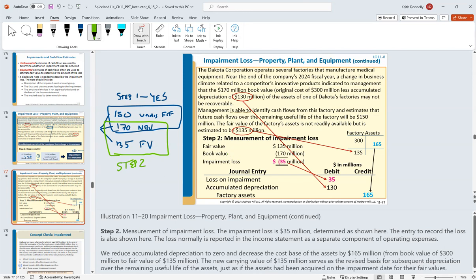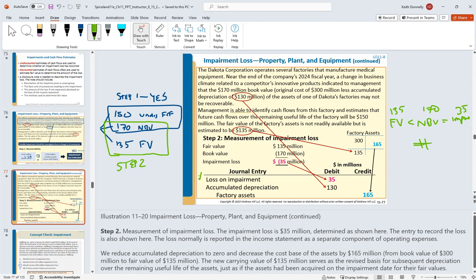Because the fair value is less than the net book value, we have impairment. That's how we get the number for step 2. So here, the fair value is 135, the book value is 170. Our impairment is 35.